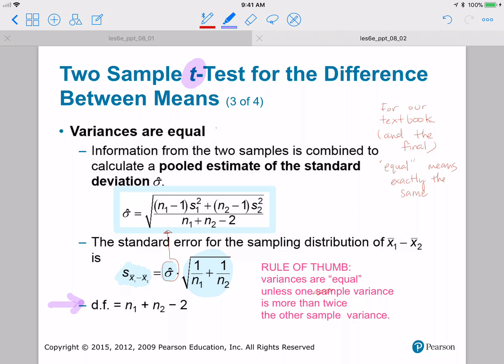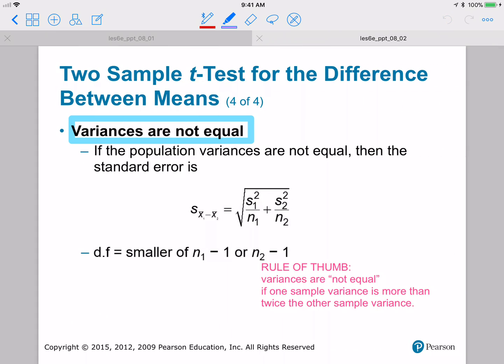It has a center of 0 and a standard deviation of 1. But for a t-distribution, there are infinitely many, depending on your degrees of freedom. The larger your degrees of freedom, the closer the t-distribution approximates the standard normal distribution.